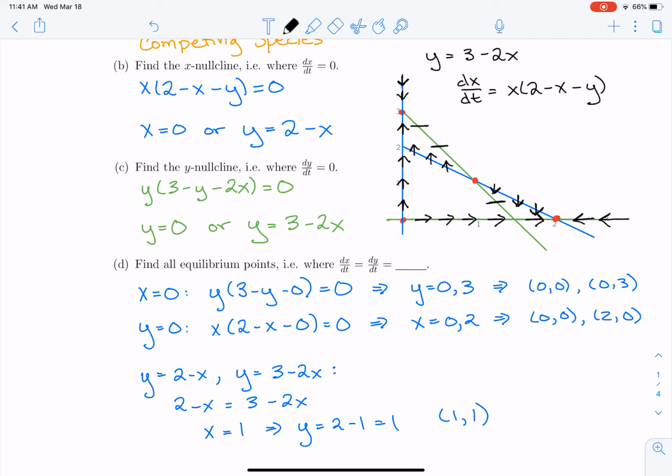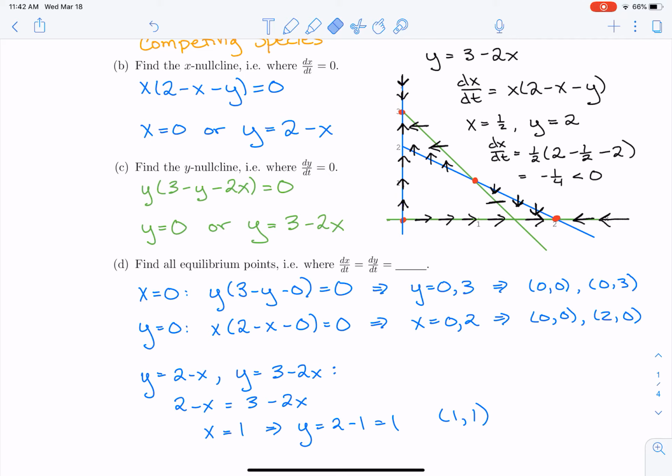We're going to let x equal a half, in which case y is equal to 2. And then dx/dt is going to be 1/2 times (2 minus a half minus 2). So that's equal to minus 1/4, which is negative. So I'll see that slopes in this region are pointing to the left.